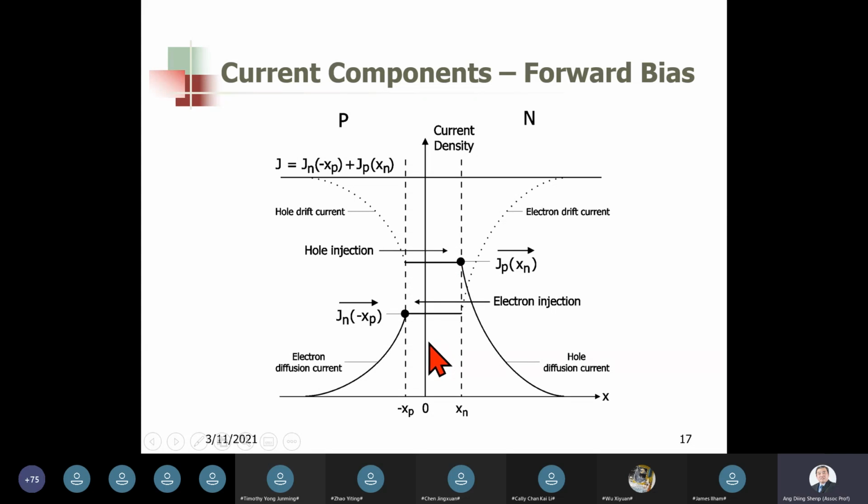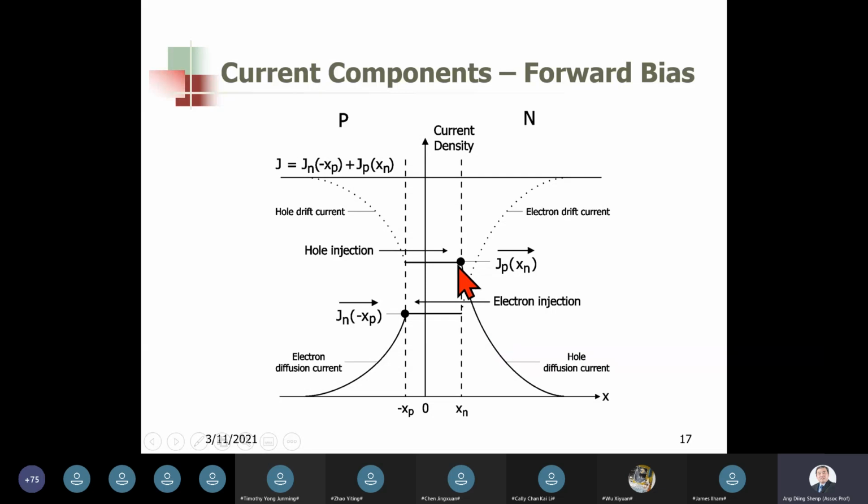By a similar argument, the electron diffusion current across the space charge region must be a constant, because as the electrons are injected across the space charge region, they do not recombine. In other words, no electrons are lost, no holes are lost as they get transported across the space charge region. So the current must be constant.